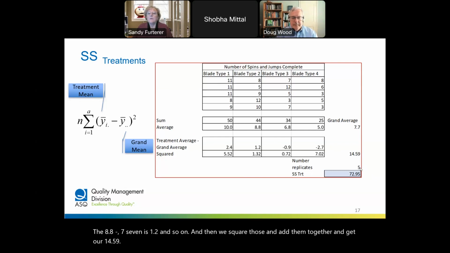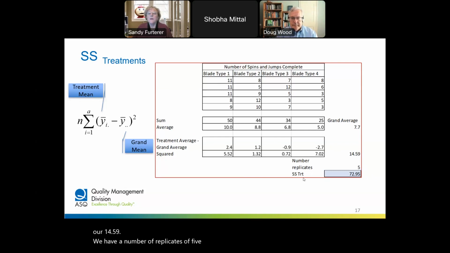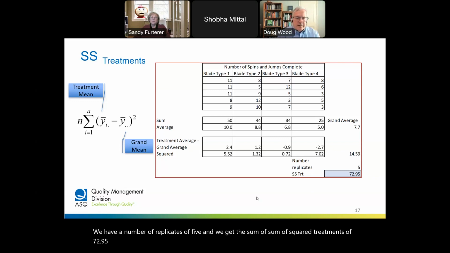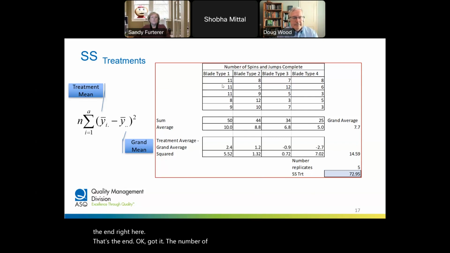We have a number of replicates of 5, and we get the sum of square treatments of 72.95. So that's just 5 times the 14.59, right? That's the n right here. The n is actually the number of replicates, 5, not the number of treatment levels.